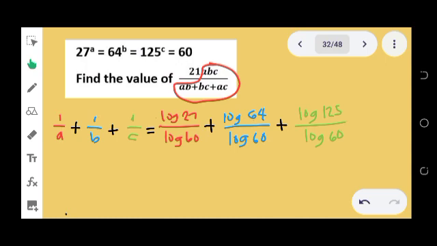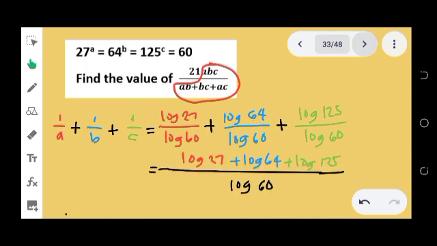Now notice that they have a common denominator. So we can combine them under one denominator. This will become log 27 plus log 64 plus log 125 all over log 60. Now, as you can see, 27, 64, and 125 are all perfect cubes.